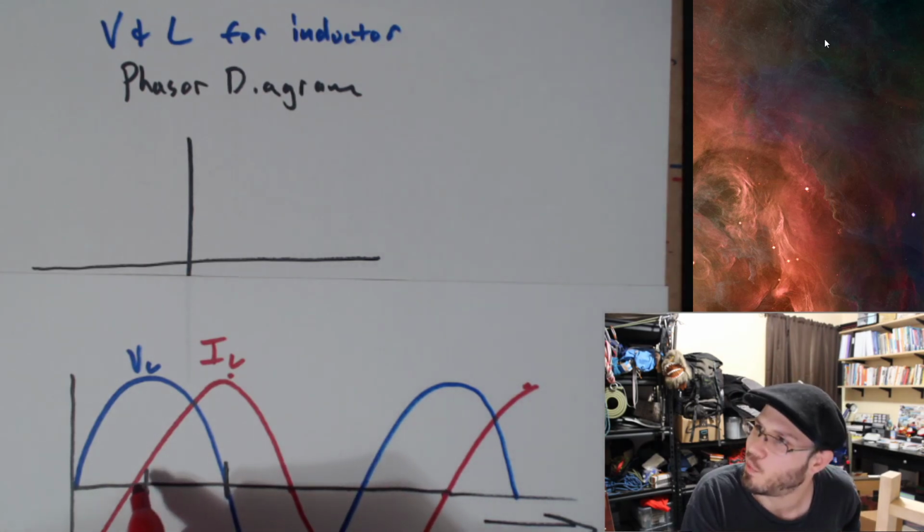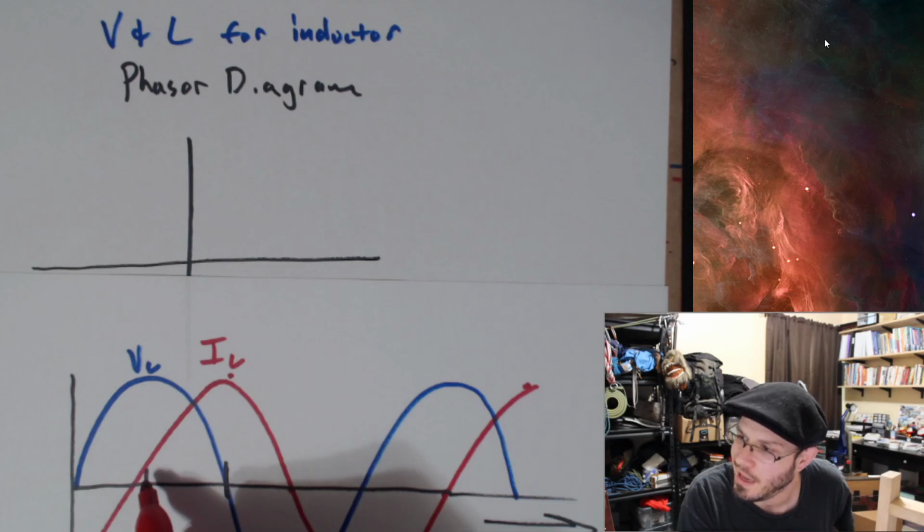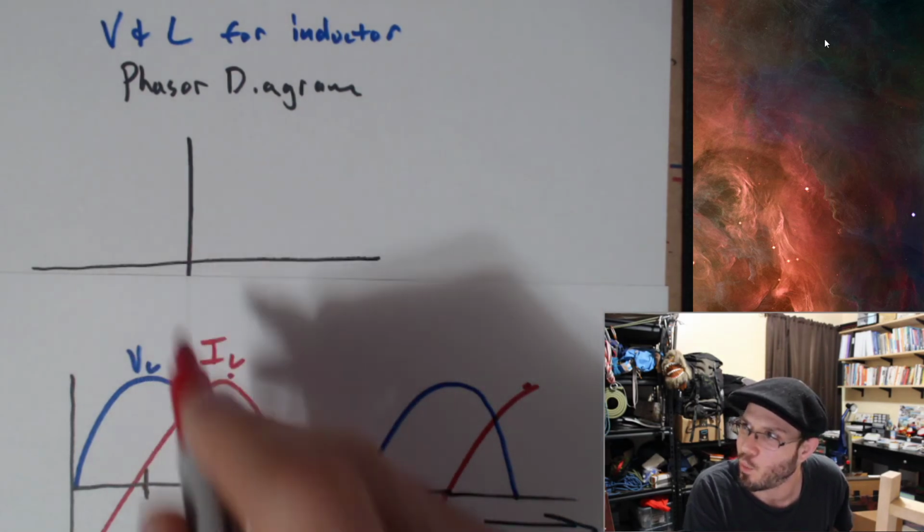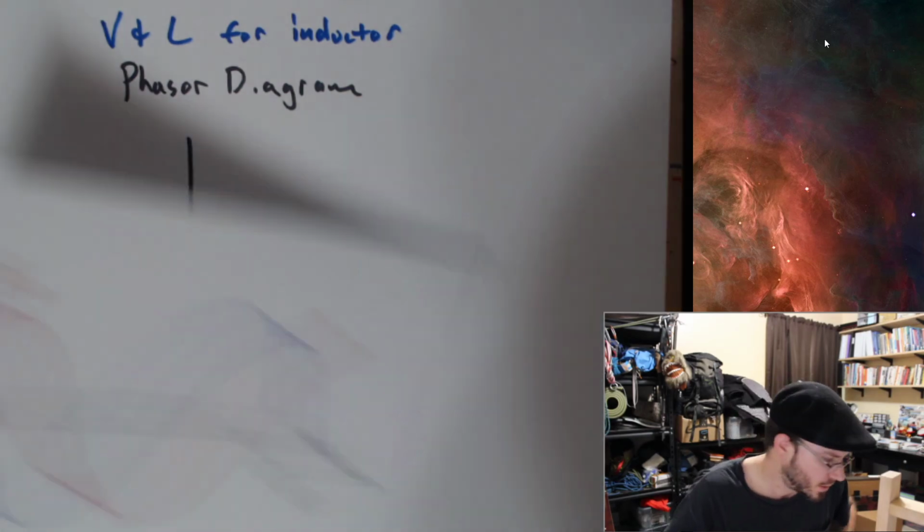Well, if I'm at this point in time for current, then our phasor should be projected along the y-axis at 0.